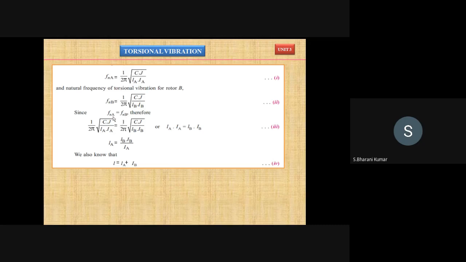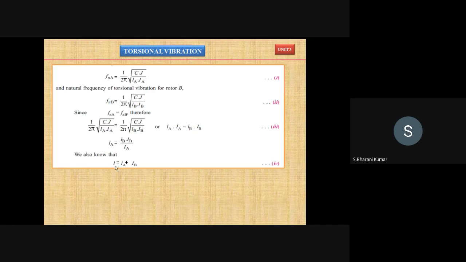So 1 by 2 pi square root of Cj by La into Ia is the same as 1 by 2 pi square root of Cj by Lb into Ib. Cancelling all the common terms, La into Ia equals Lb into Ib. And La equals Lb into Ib divided by Ia.